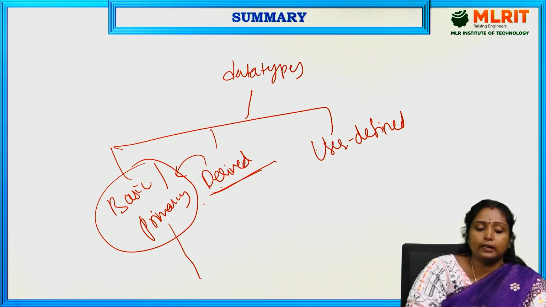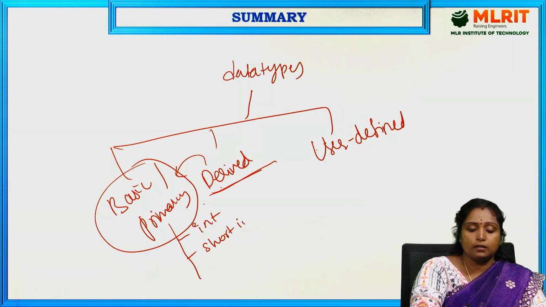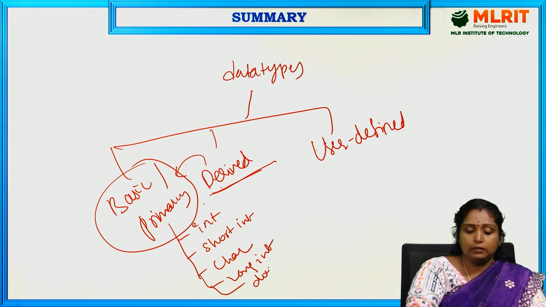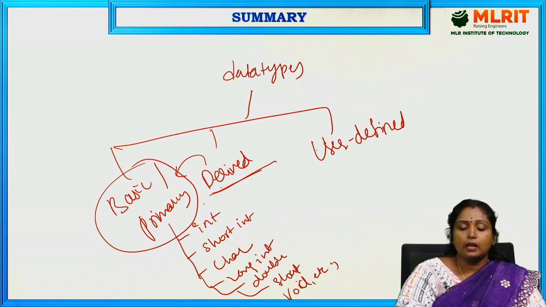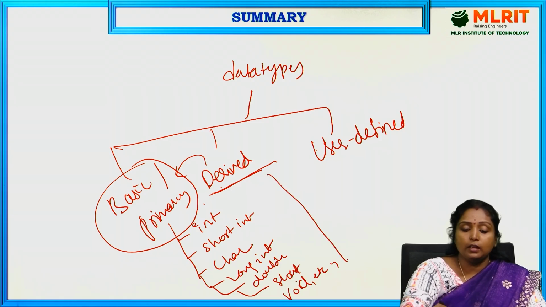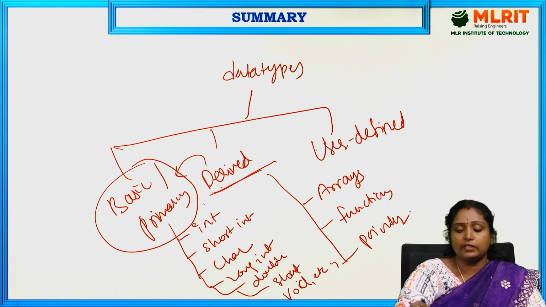Coming to basic data types, what do you have in the primary data types? Integer, short int, character, long int, double, float, void, etc. In the derived data types, what we have seen: arrays are one of the derived data types, functions are one of the derived data types, and pointers are another type of derived data types.